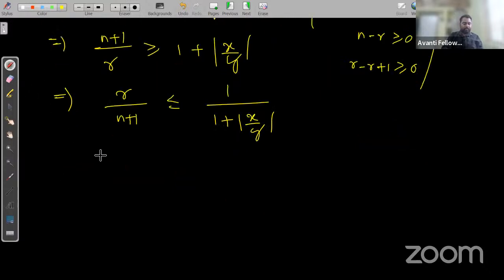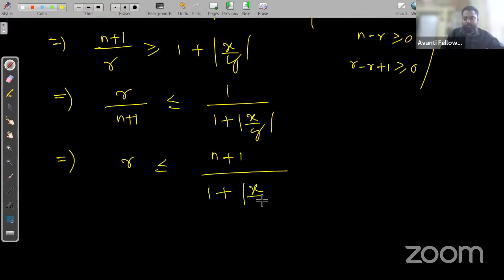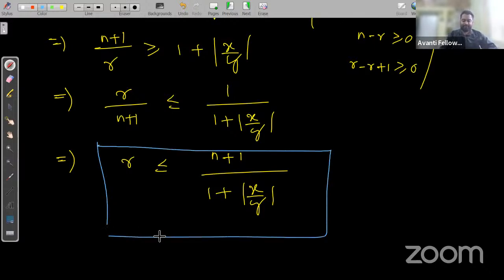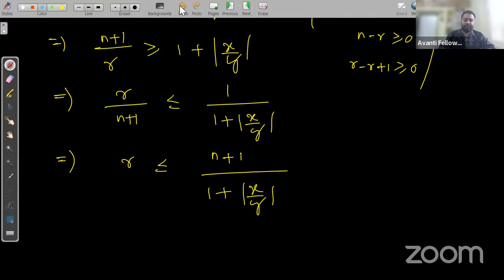Now, simple. If we multiply n plus 1 on both sides, we are simply getting r is less than or equal to n plus 1 divided by 1 plus mod of x by y. Okay. So this is my result. We got here r.